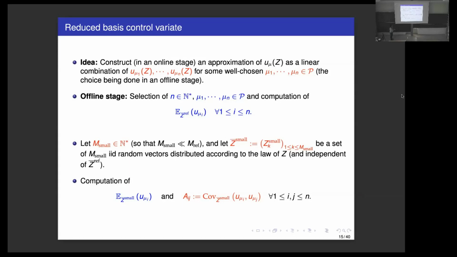And you can also compute these quantities A_ij that are empirical covariances of u_mu_i with u_mu_j, also associated to the small size samples that you've chosen.